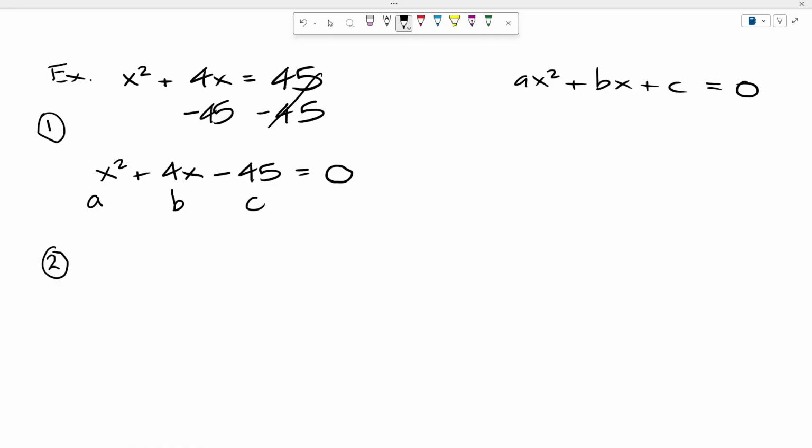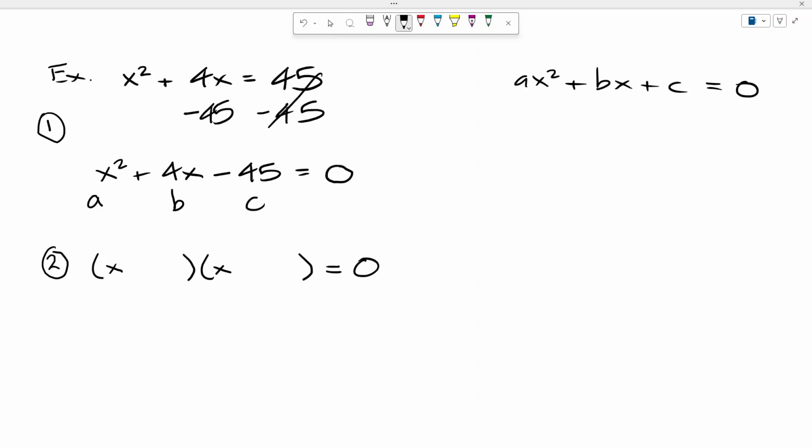I always like to start out by getting my x with my parentheses, still equal to 0. This is how I always like to start off when I'm factoring. Set it up just like this.